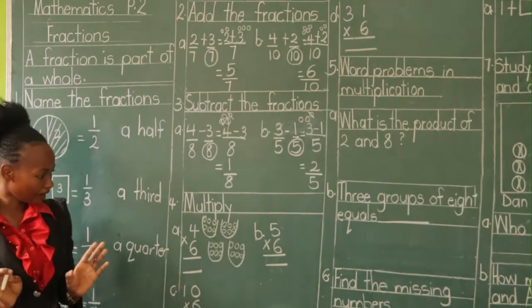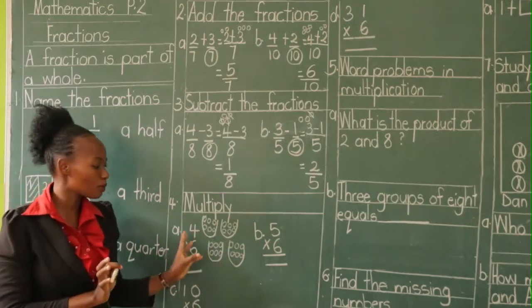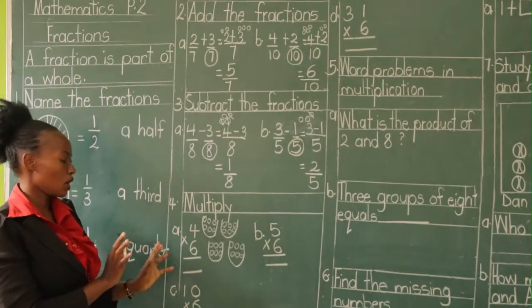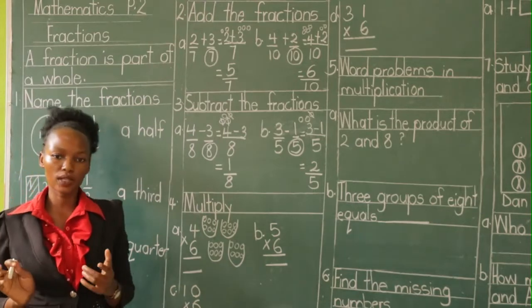After forming the 4 groups of 6, now we are going to add these balls which you put in each group. We are going to put them together and we see which number we are going to get.